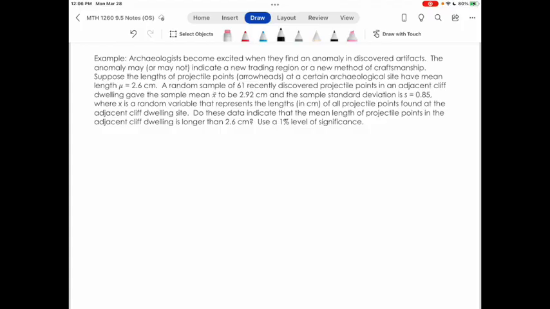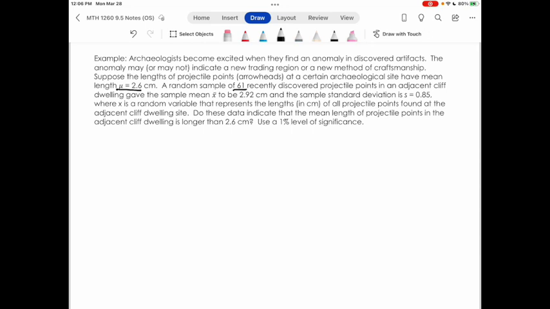Looking at the second example, it says archaeologists become excited when they find an anomaly in discovered artifacts. The anomaly may or may not indicate a new trading region or a new method of craftsmanship. Suppose that the length of projectile points, meaning arrowheads, at a certain archaeological site has a mean length of 2.6 centimeters.